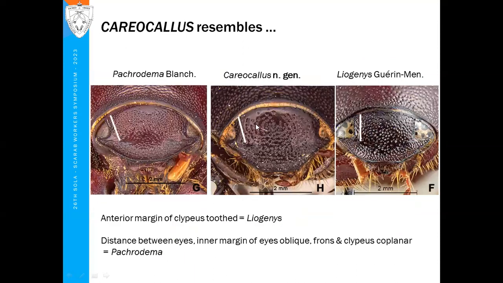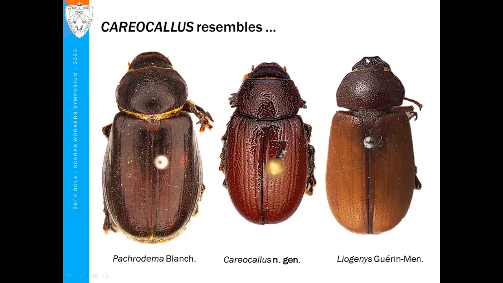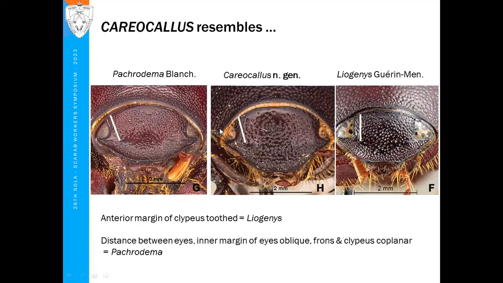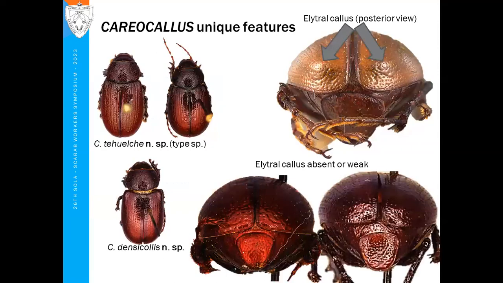For example, it has the anterior margin of the clypeus toothed, as in Lyogenys, a typical trait of Lyogenys. It also has the inner margin of the eyes oblique, as in Pacrodema. This, among many other shared features with both genera. But hopefully, it has many unique features too.